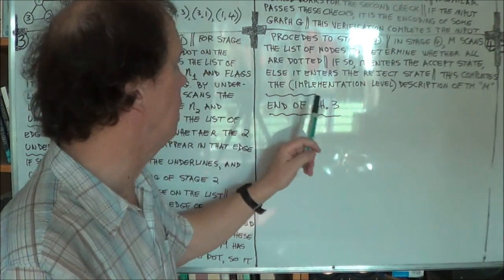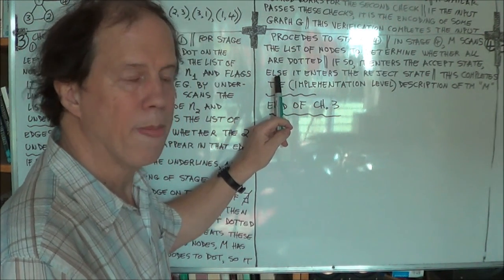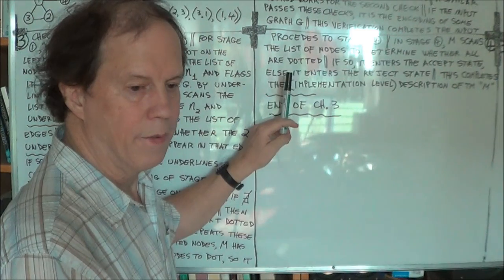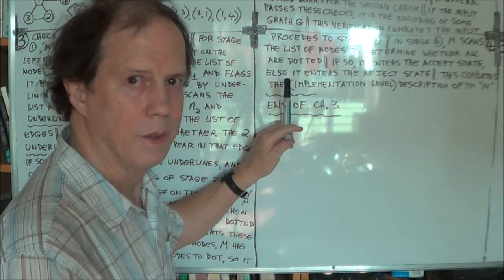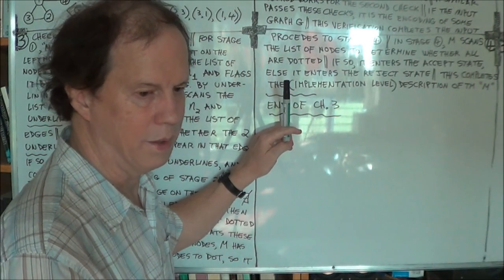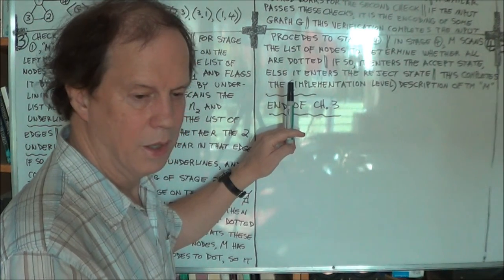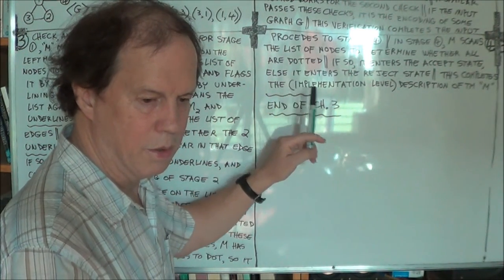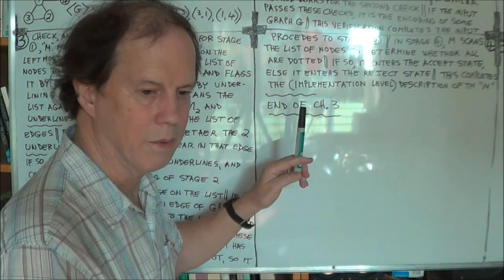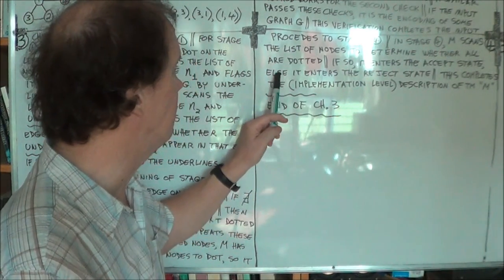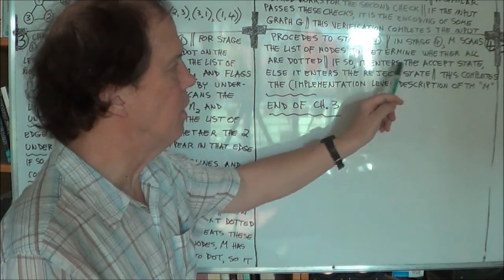So it goes into the accept state, and otherwise, if there's at least one node that is not dotted, well, then there is no edge from some node to that node, and therefore the graph is not connected, hence fail. Else it goes to the reject state. Okay. Now it's one or the other.